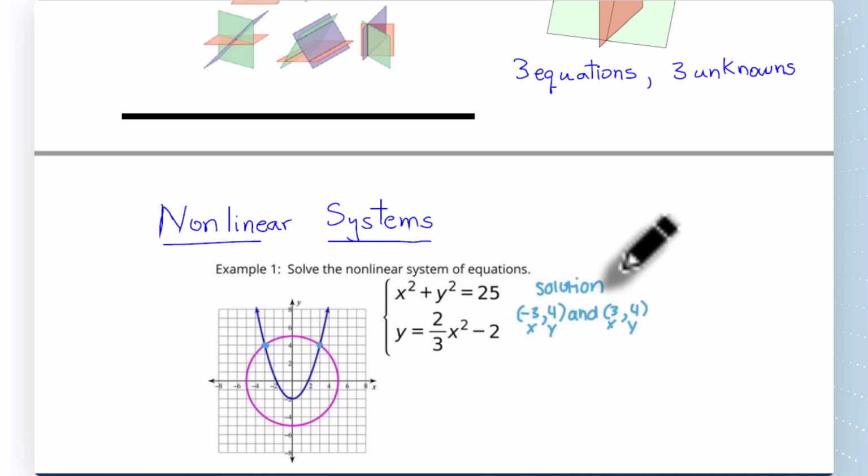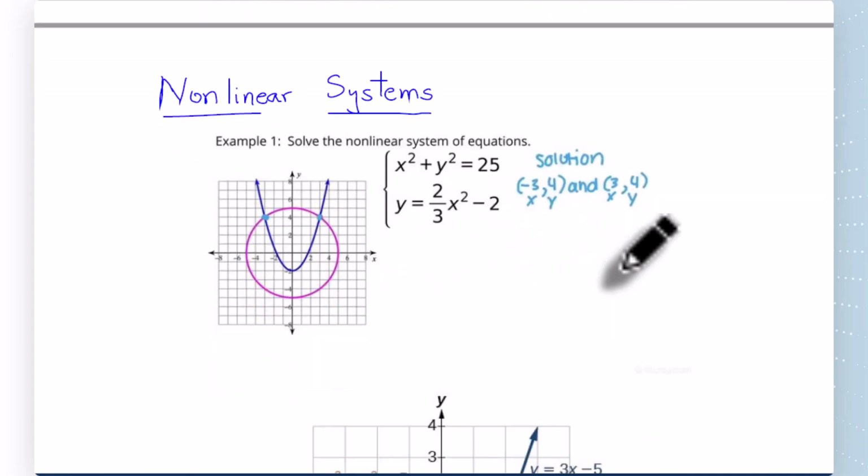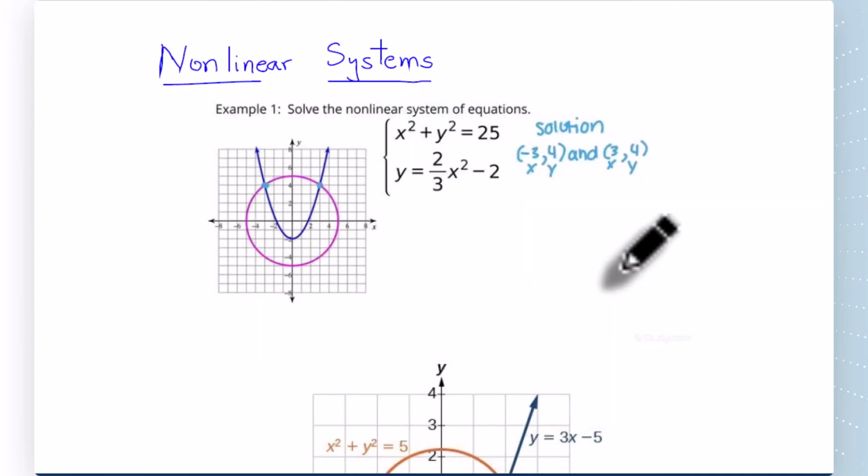Now, these were linear systems. We also have nonlinear systems that we're not going to look at. But you see here, I've got the intersection of a circle of radius 5, and I've got a parabola, and they intersect in two places.